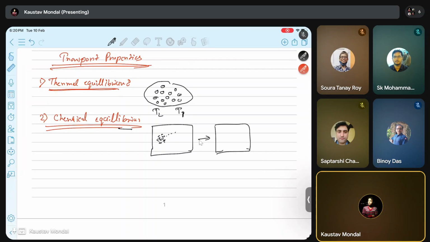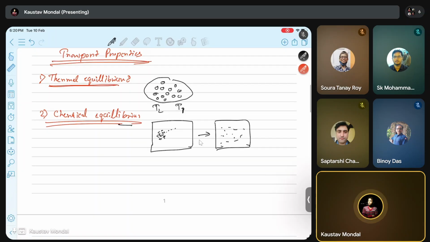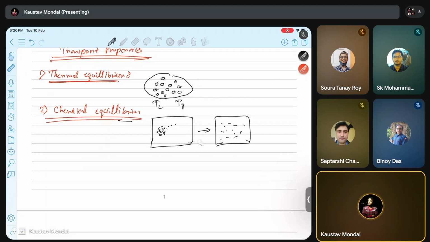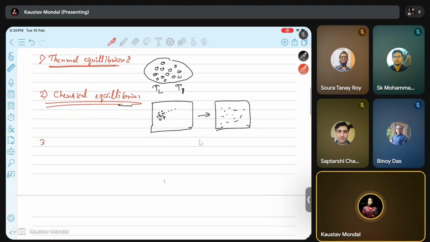The reason is that all the molecules of the gas want to spread out uniformly throughout the system, in order to attain this chemical equilibrium. This is one type of equilibrium the system wants to attain.